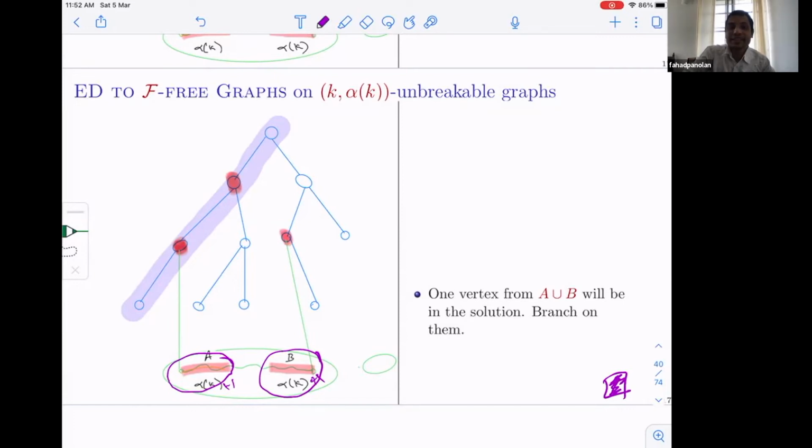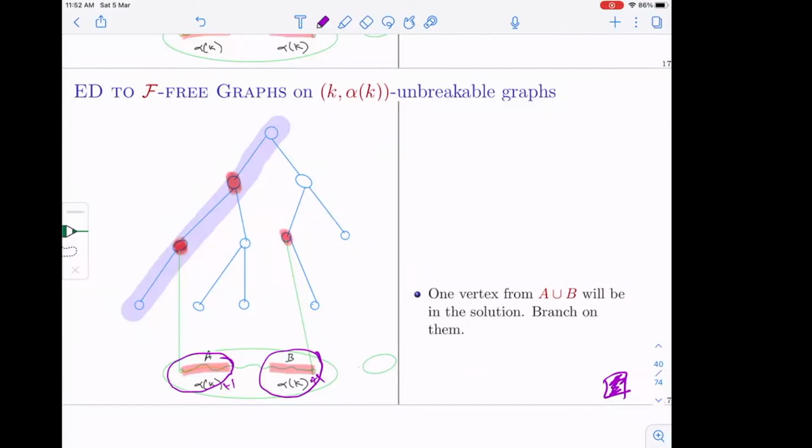So you have an additional condition that the torso of X is F prime minor free, and there is a tree embedding for X with some certain properties. Essentially that's what you have shown.